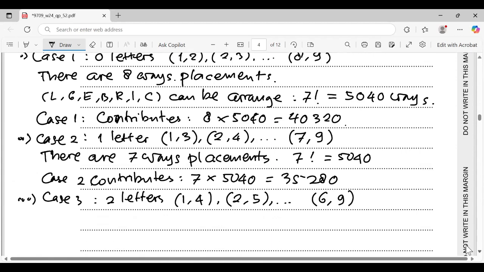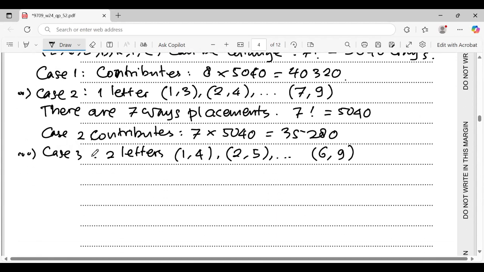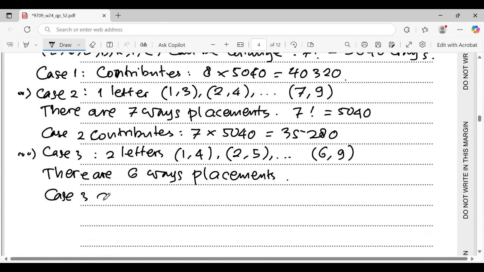So totally in case 3, there are 6 ways of placement. Okay. So case 3 contributes 6 times 7 factorial, 5,040, equal 30,240.